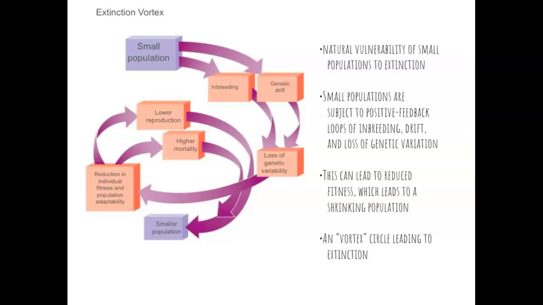The loss of genetic variability then leads to a reduction in individual fitness and population adaptability, which leads to lower reproduction and higher mortality. Eventually this leads to a smaller population, and it's a continuous cycle downwards until that species goes extinct, because there's not enough variability and not enough individuals anymore to maintain the population.